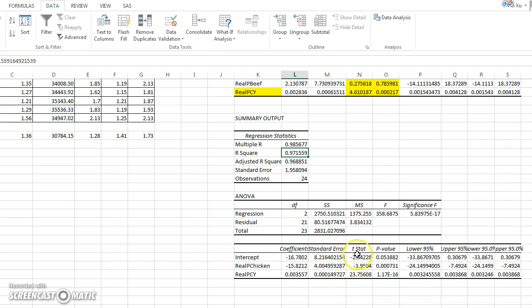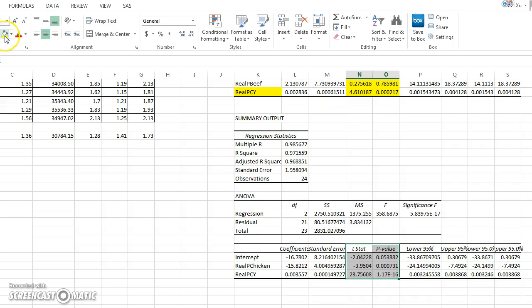So now let's take a look at our coefficient estimate for my T stat and my P stat, and I am going to highlight them. Okay, so if you look at my real price of chicken variable, it is negative. That's what we wanted to see because we wanted to depict a negative sloping demand curve.